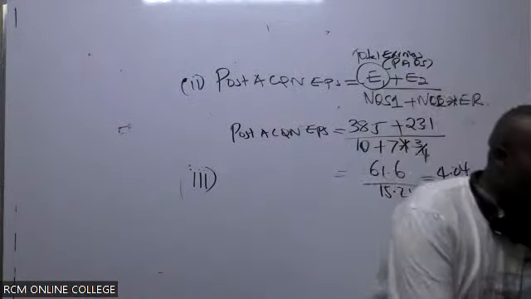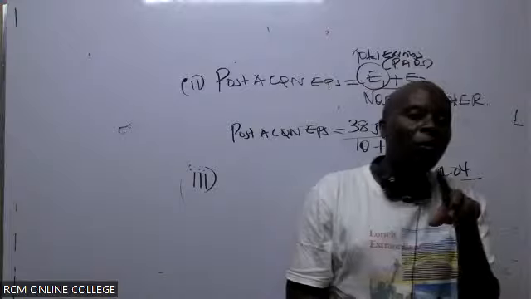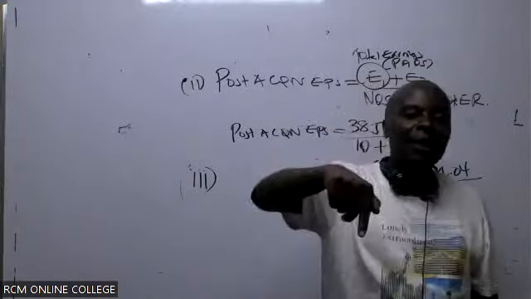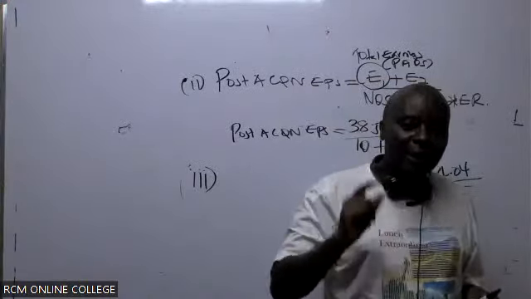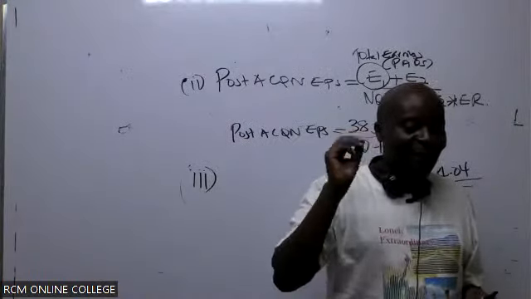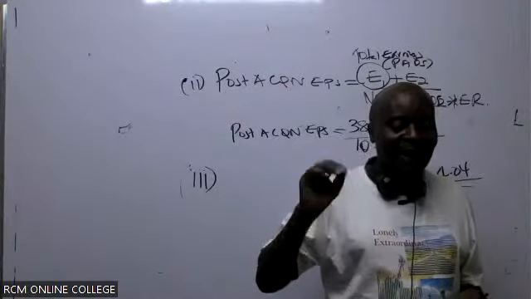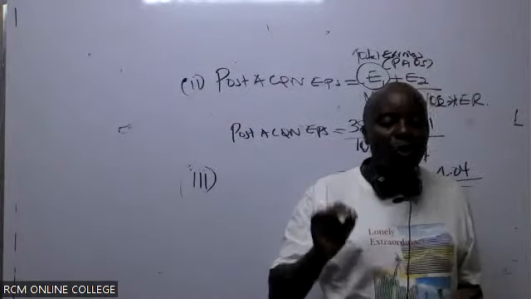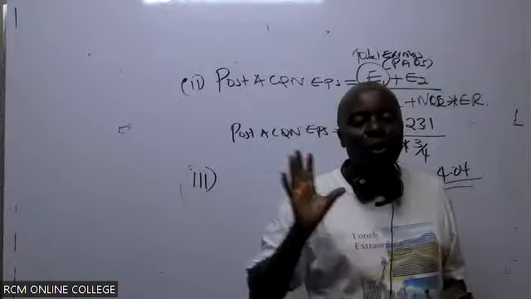So, ladies and gentlemen, here there is a debenture involved. And I gave you some secret. I told you whenever a debenture is involved, whenever a preference share is involved, there is something that I must always remember: the exchange ratio will always be equal to 0.